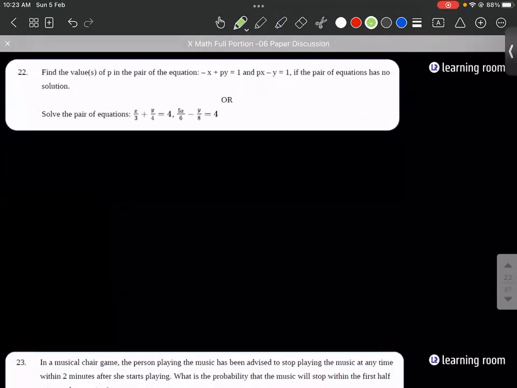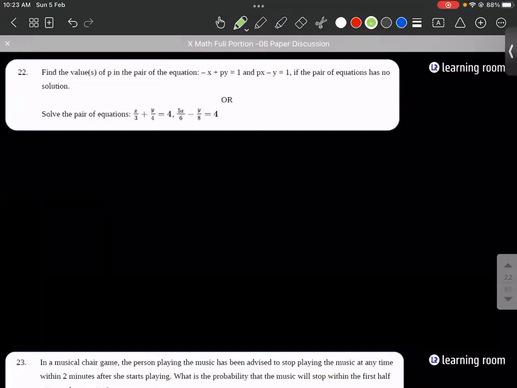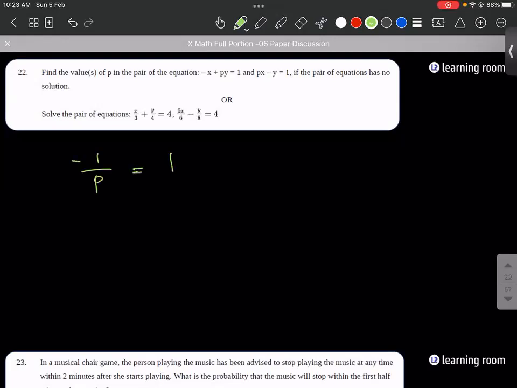Find the value of p in the pair of equations minus x plus py is equal to 1, px minus y is equal to 1, if the pair of equations has no solution. So it should have no solution means what should happen? There should be parallel lines. Minus 1 by p should be equal to p divided by minus 1, which implies p square should be 1.